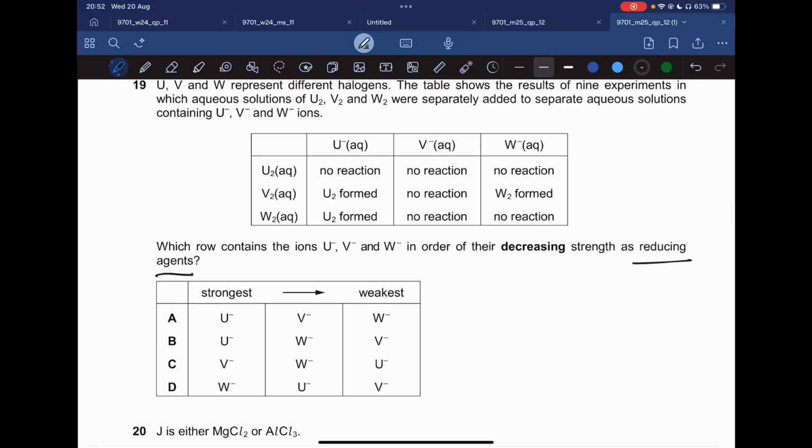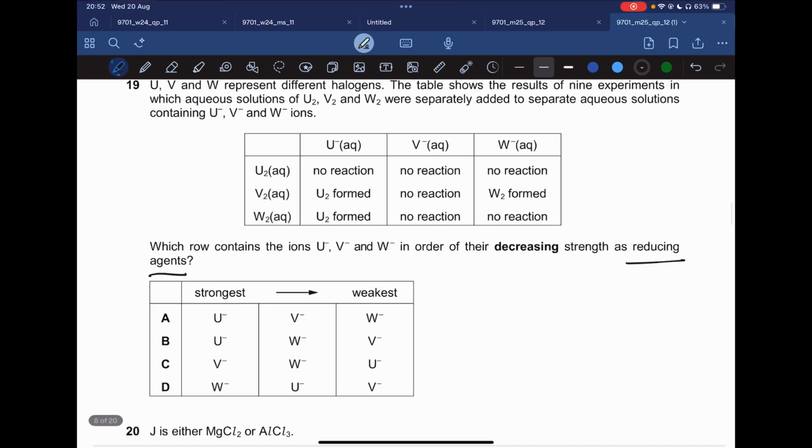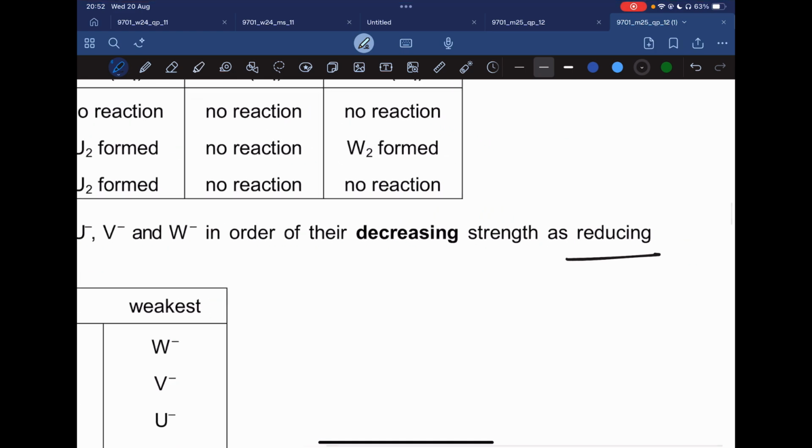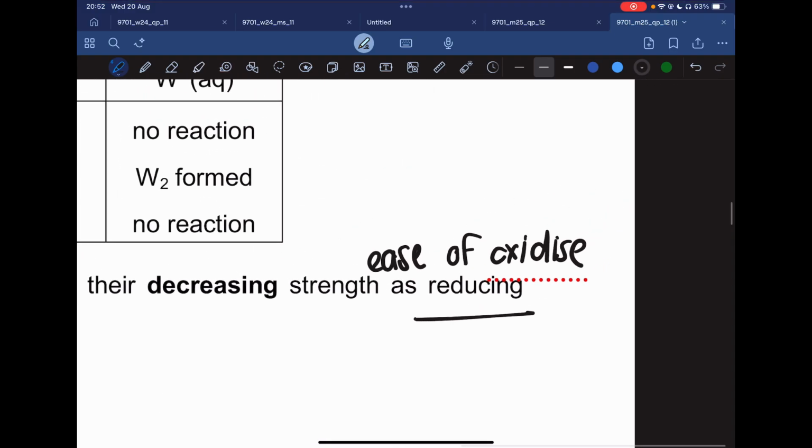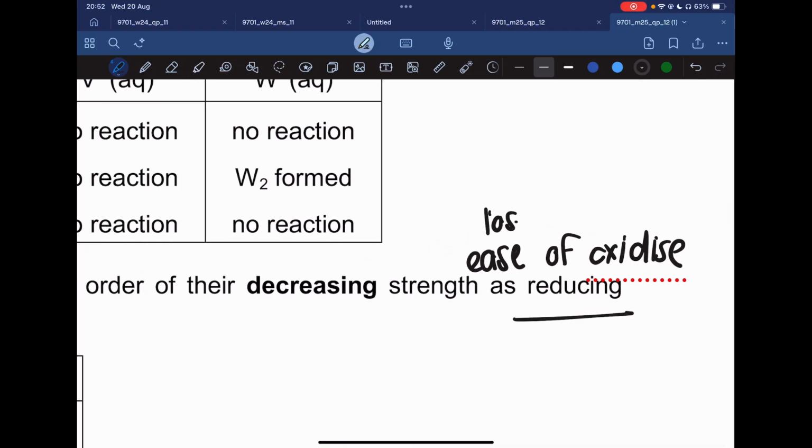Okay, reducing agents means they cause the other ones to be reduced. That means we're actually looking at how easy they are to oxidize, right? If they oxidize very easily, then they are a very strong reducing agent, and we're looking at how quickly it loses electrons.